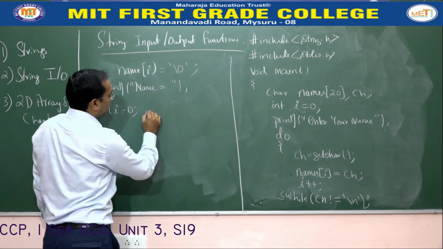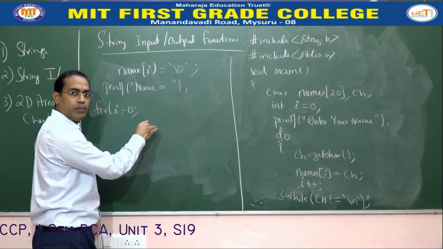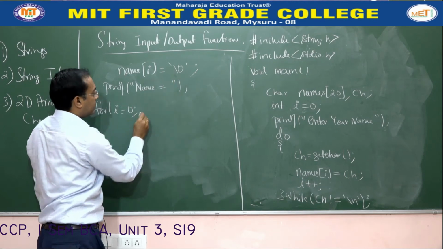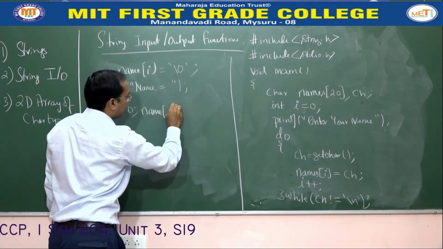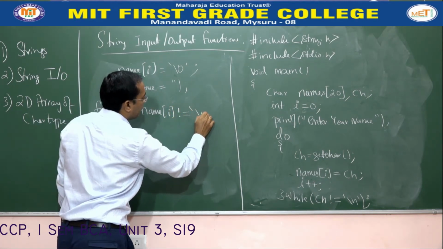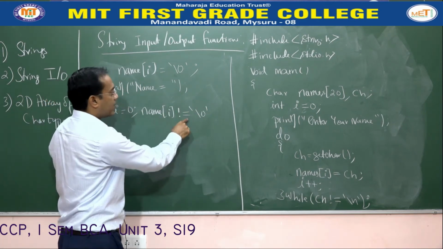Here, i less than or equal to n, no, nothing like that. Here you have to iterate as long as you find the end of the string character. So name of i, continue this loop until it is not equal to \0.